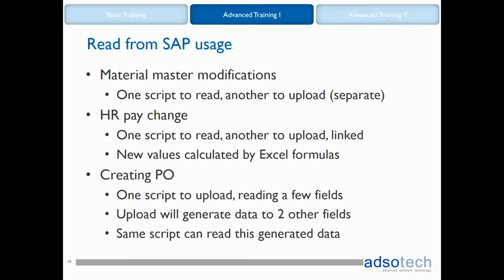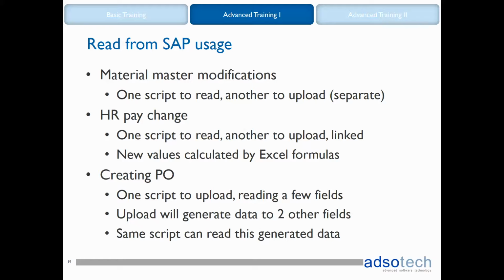On the HR side, we could do a pay change, like a percentage increase for a group of people. The increase can be calculated by Excel formulas as soon as we have the current pay data. Therefore, we could again create one script to read the pay data and another to upload back. But now we don't need to do manual changes, as we can set up formulas in advance.